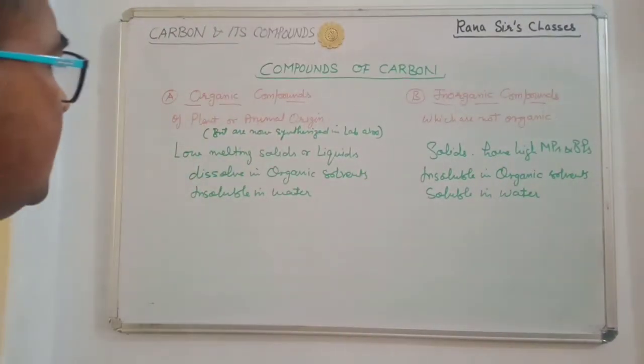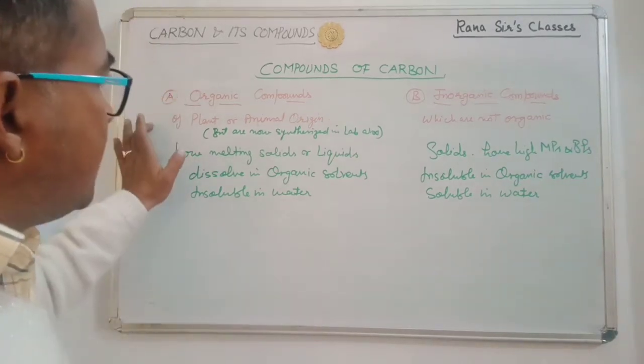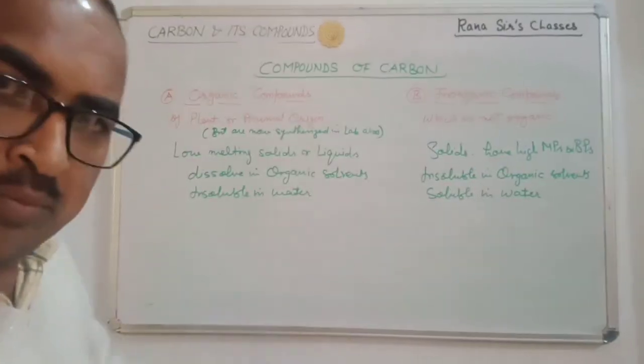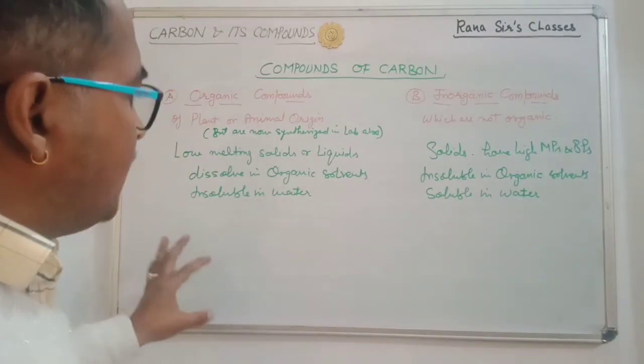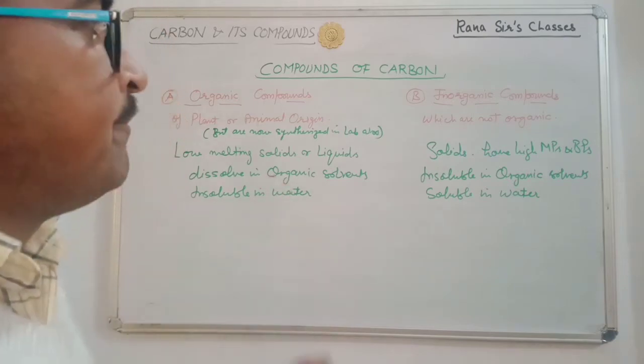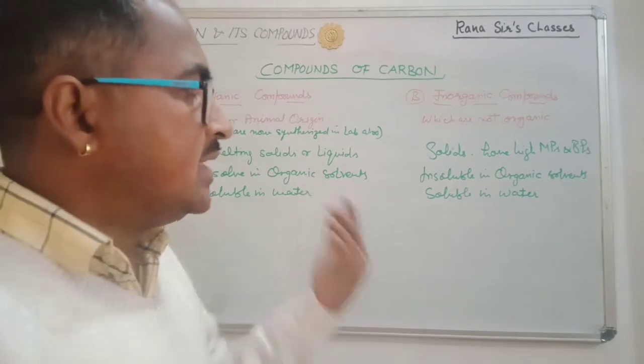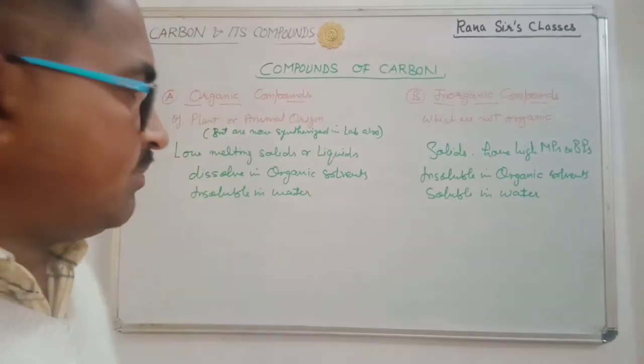And organic, the feature, if we look at the characteristics or properties, organic compounds have low melting points, low boiling points, and they are generally solids or liquids. But inorganic compounds are exclusively solids with high MPs and BPs.